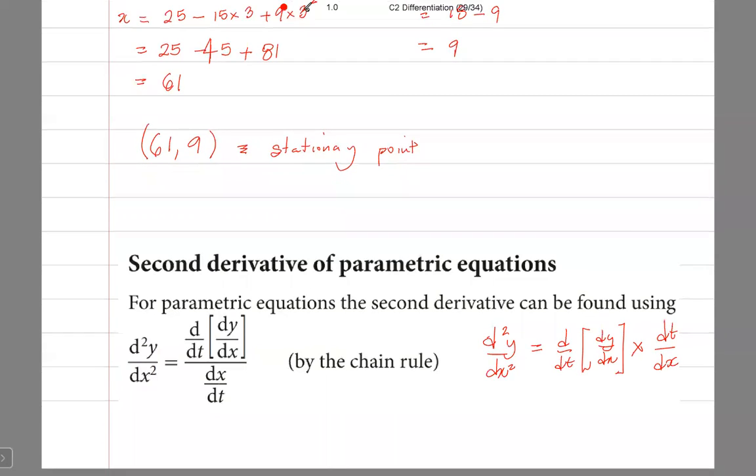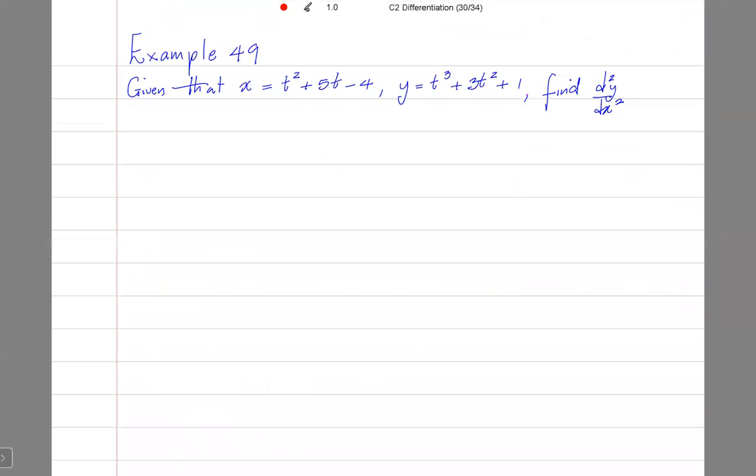All right, let's see it in action. So let me do 49, you do 50. This says, given that x is equal to that and y is equal to that, find d2y by dx squared. First of all, let's find dy by dx. So dx by dt would be equal to 2t plus 5. Let's find dy by dt, and that would be equal to 3t squared plus 6t.